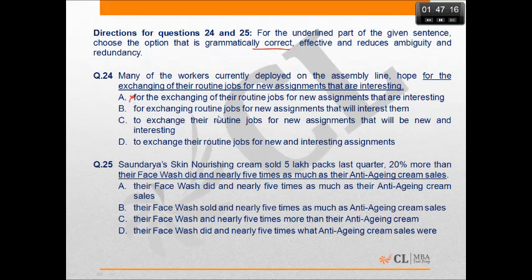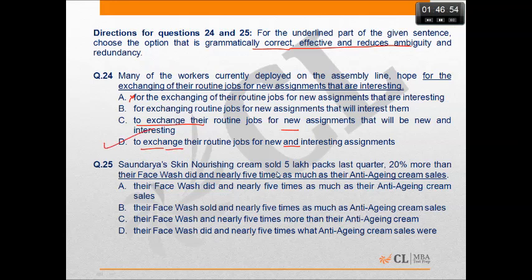Hope to exchange their routine jobs for new and interesting assignments. Effectively, yeah, this reduces ambiguity and redundancy. Let me read again. Many of the workers currently on the assembly line hope to exchange their routine jobs for new and interesting assignments. I'll go with D.